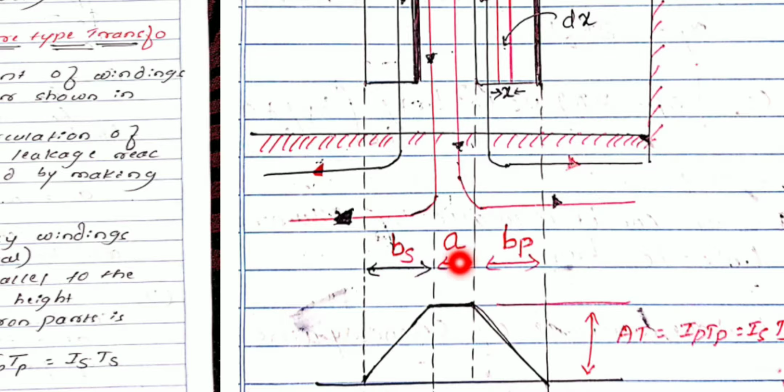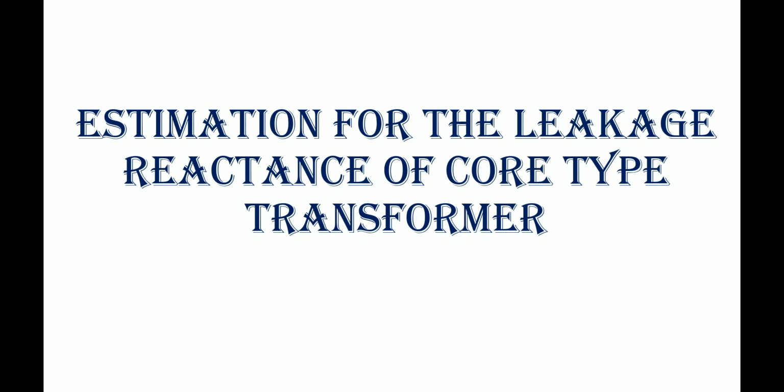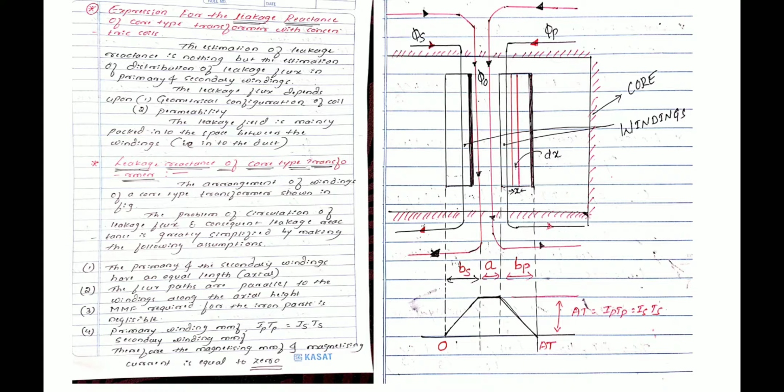Getting my point? Next, there is small a. Small a is the space between two windings, which is called a duct. Obviously it is the radial width of a duct. So the radial width of a primary winding is BP, the radial width of a secondary winding is BS, and the radial width of a duct is small a. Keep it in mind. Don't get confused. So these are the indications we have shown here.